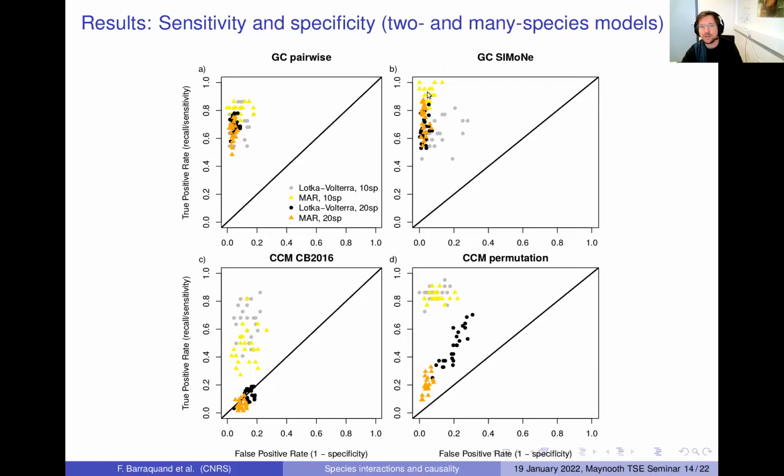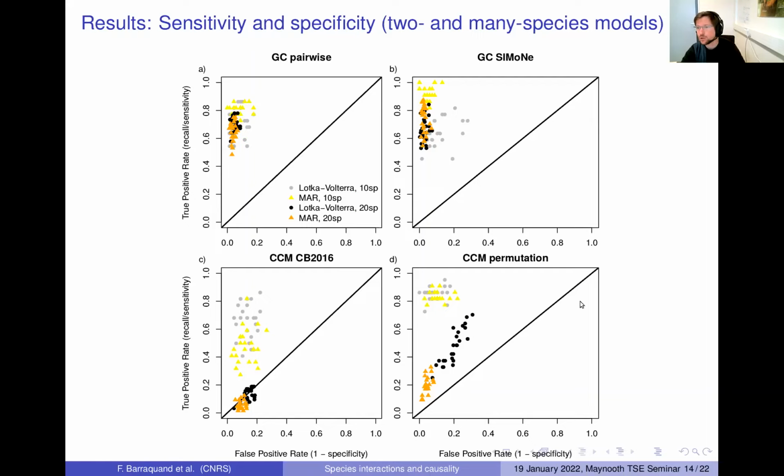And as you can see, for the multivariate autoregressive model, when we simulate a multivariate autoregressive model, this SIMoN algorithm is doing really well. But it's not doing so great when we simulate a highly nonlinear Lotka-Volterra. So what that says is that this LASSO-style parametric method is a little more sensitive to parametric assumptions about the community dynamics.